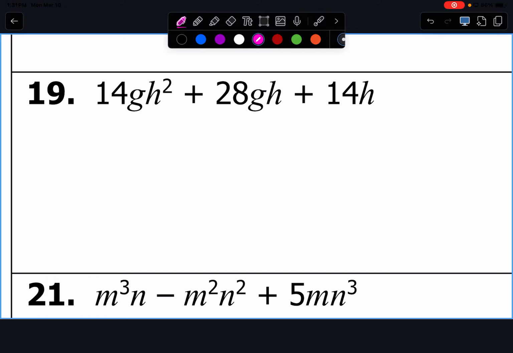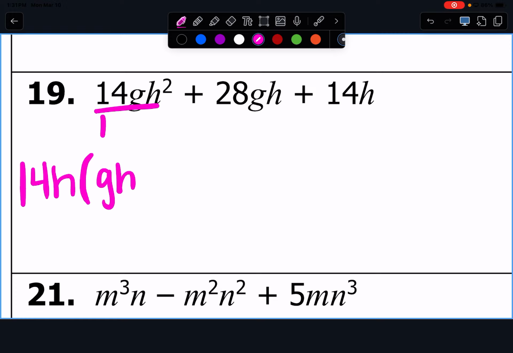For 19, what is our GCF? 14h. So when I have 14gh squared divided by 14h, what am I left with? gh. Okay. So if we have 14h, the 14 part goes to 1.